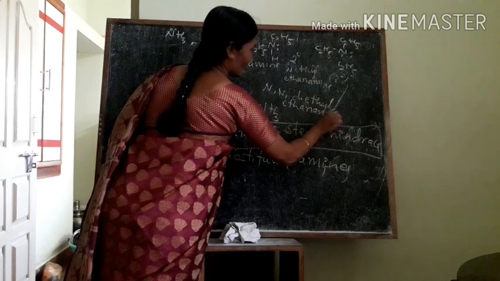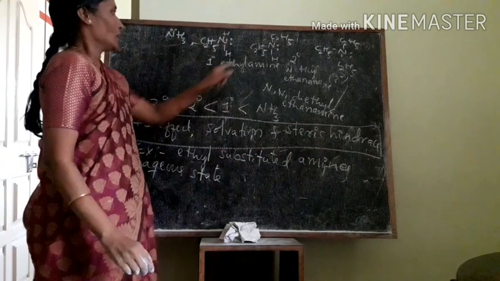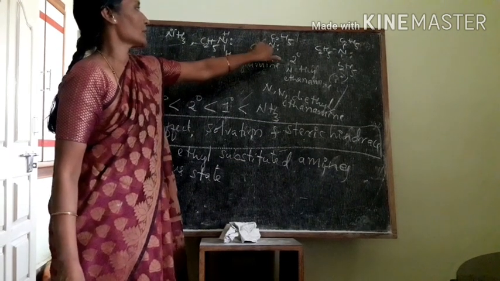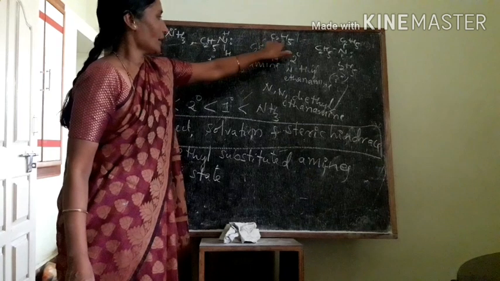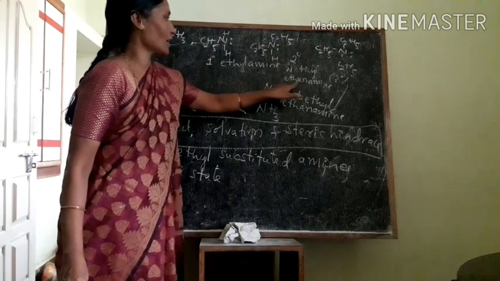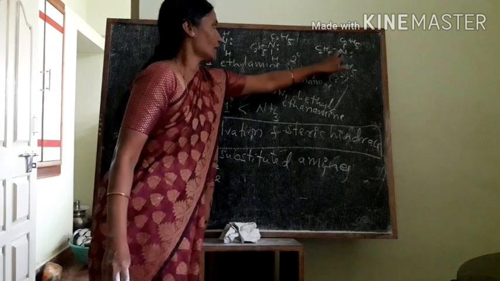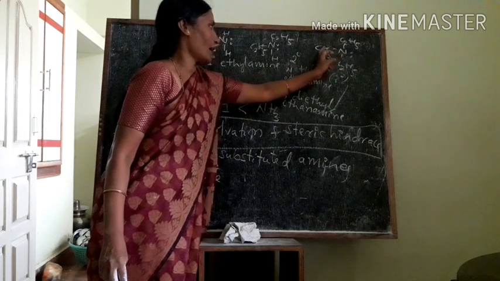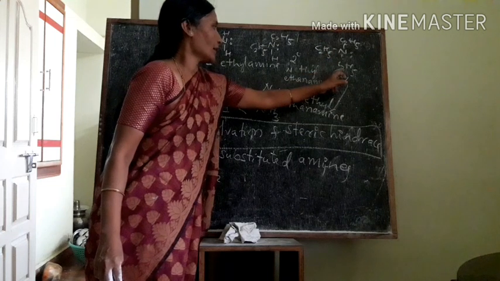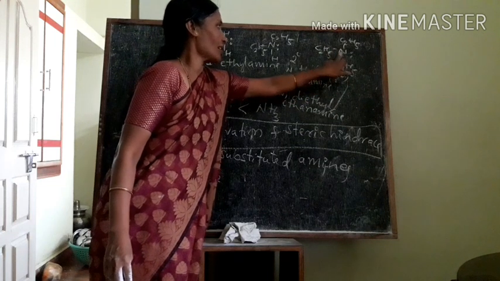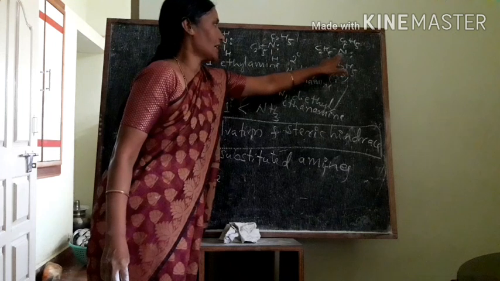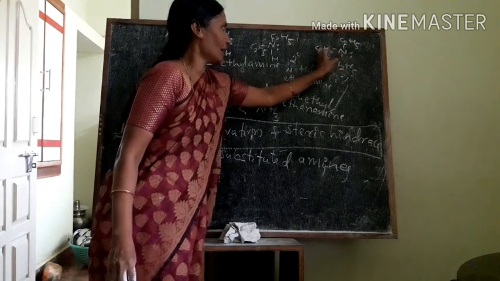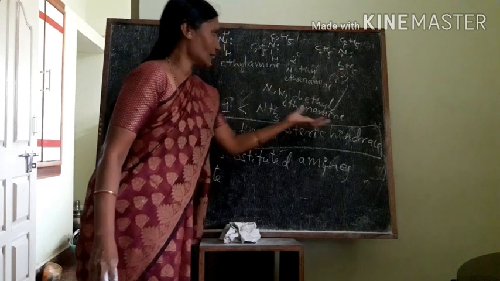The main is nitrogen. To the nitrogen one ethyl group is there, and take this as the parent hydrocarbon. Now its name becomes N-ethyl ethane amine, and this nitrogen is main. There are two substituents to take, and one is the parent hydrocarbon. Two substituents are attached to the nitrogen, therefore N-ethyl, N-ethyl. So simply I will write N,N-diethyl ethane amine.